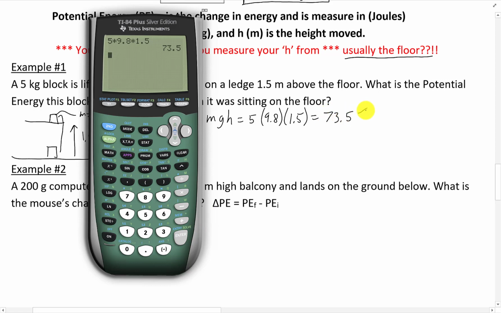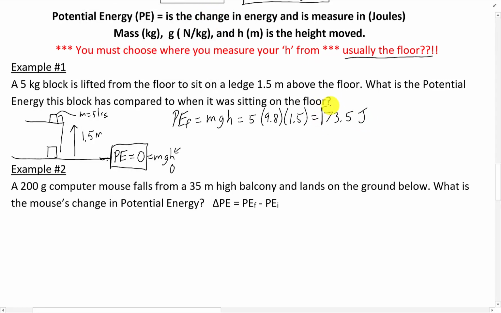And the unit, joules. So what is the potential energy that this block has compared to when it is sitting on the floor? It has 0 here and has 73.5 joules of potential energy with respect to the floor.